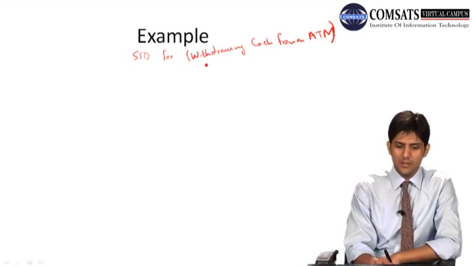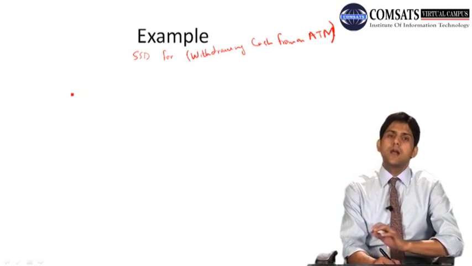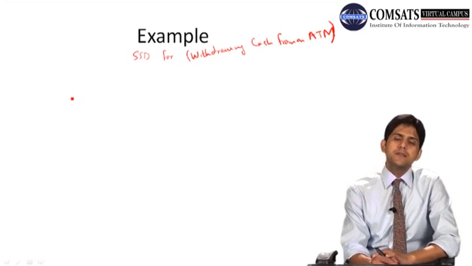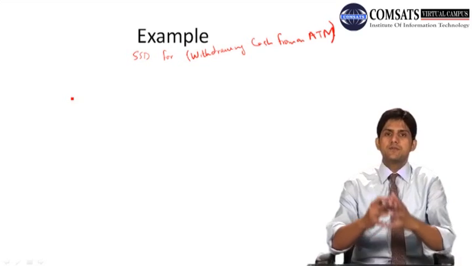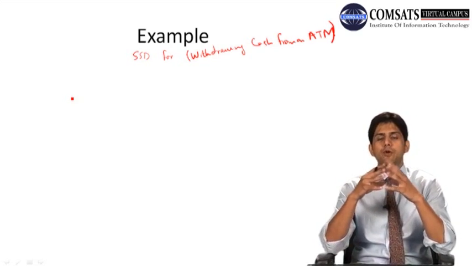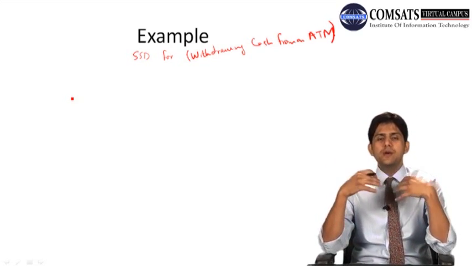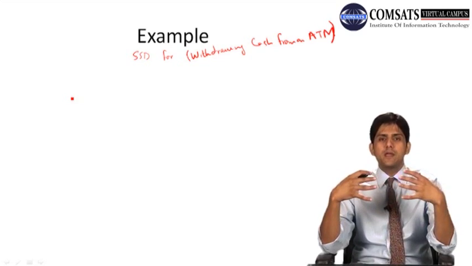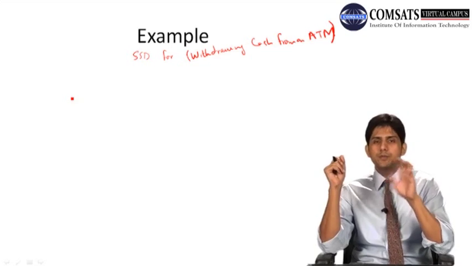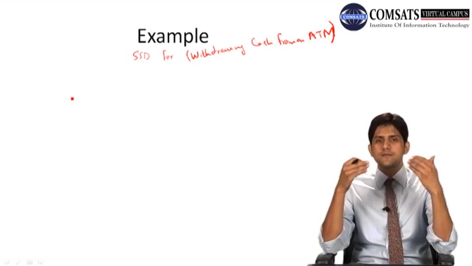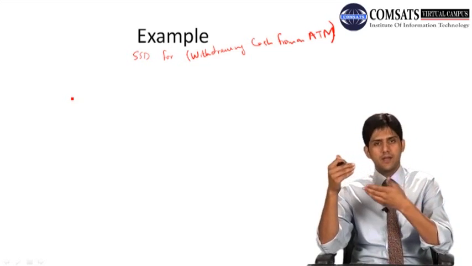Now, what are the classes or different entities that would be involved in this communication? If you must have used those ATM machines, what do you normally do? You, as a customer, go to the ATM. So you're standing in front of an ATM. The first thing that you do is you enter your PIN number. So that is the first interaction between you and the ATM.